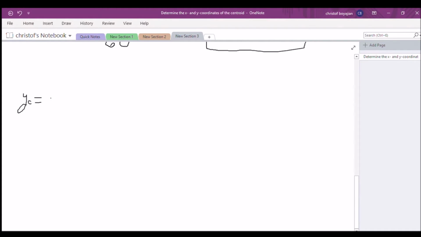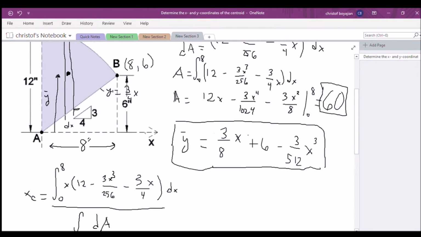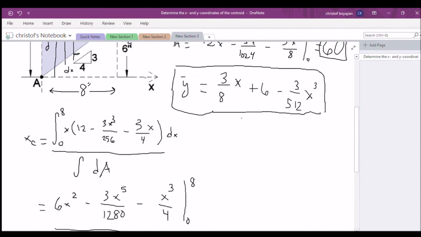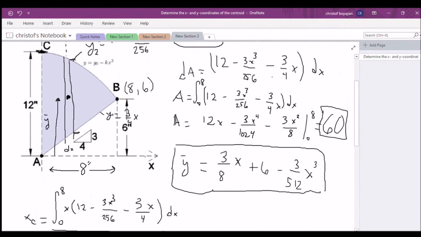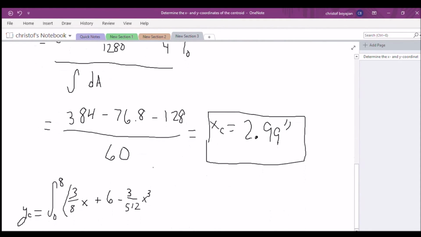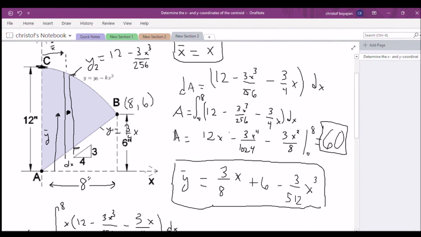This is the last thing we need to do. So from 0 to 8 of our y-bar, and we said our y-bar is this big chunk right here, so 3/8x plus 6, minus 3 over 512 x cubed, times our dA, which is 12 minus 3x cubed over 56, over 256 minus 3/4 x times dx.